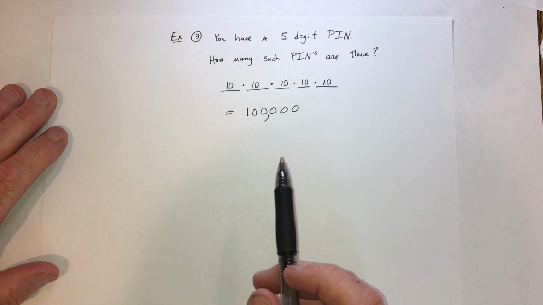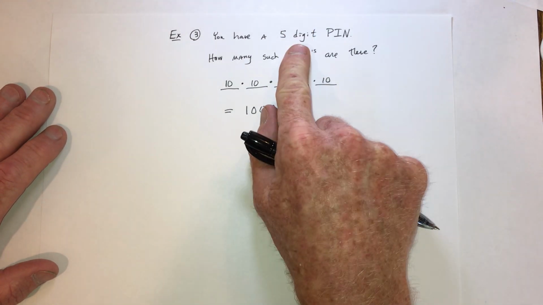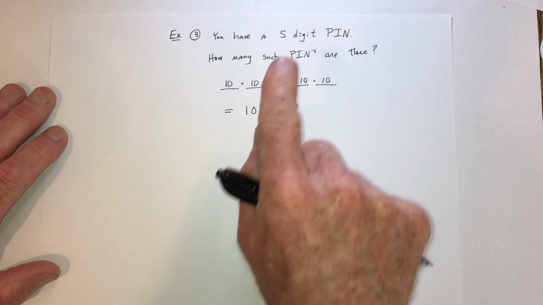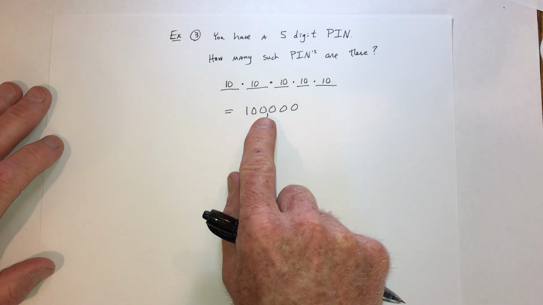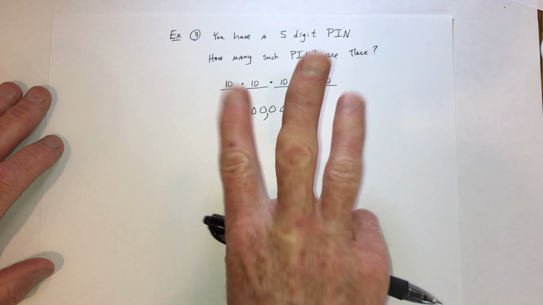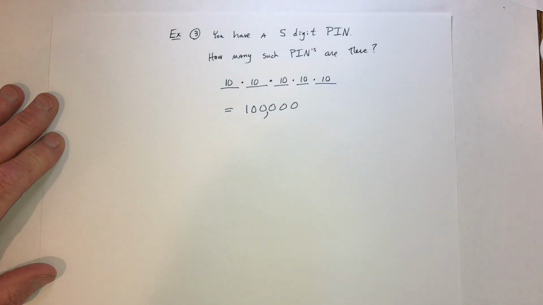So that means that if somebody found your ATM card and they tried to use it and they tried to guess your 5-digit PIN, the chances of them guessing it the first time, 1 in 100,000. They might try it again, which means they have 2 tries out of 100,000. They might try it again, 3 tries out of 100,000. At which point, the ATM should lock them out.